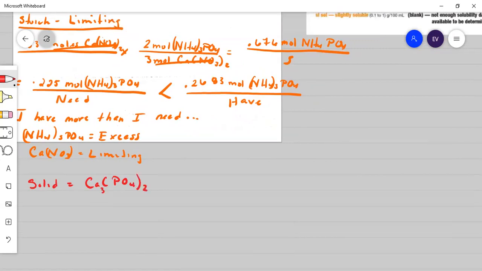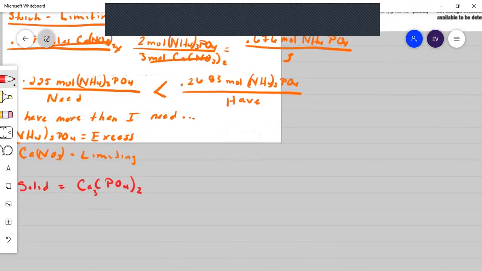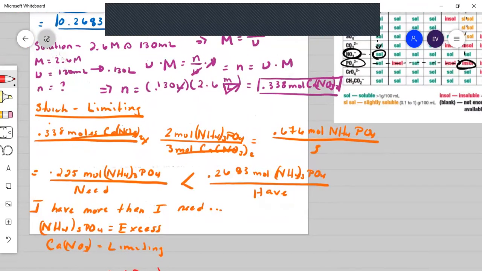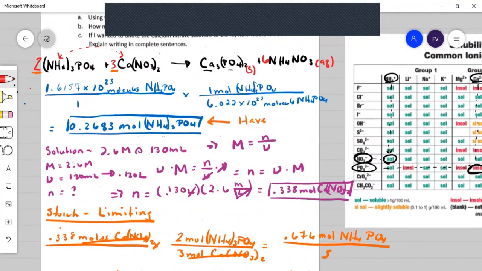Now, how do I calculate this? How do I determine how much of this was produced? Well, stoichiometry is the magic word here, guys. In order to do this calculation, I need to use a mole ratio. So I'm going to come back up here, and I figured out that this one is my excess and this one is my limiting.